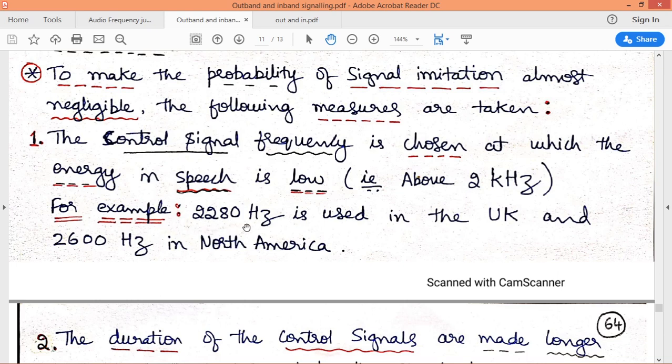The probability of having a speech signal with a frequency of 2600 hertz with a good amount of amplitude is very low. That is why we use the control signal in this frequency band, above 2 kilohertz. By using a control signal above 2 kilohertz, we are able to minimize signal imitation.